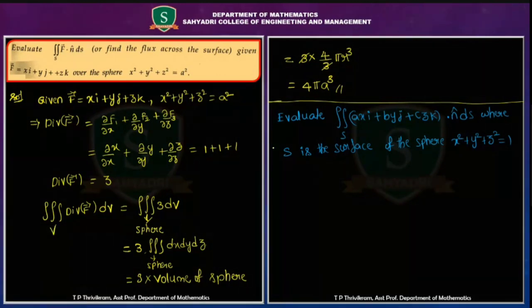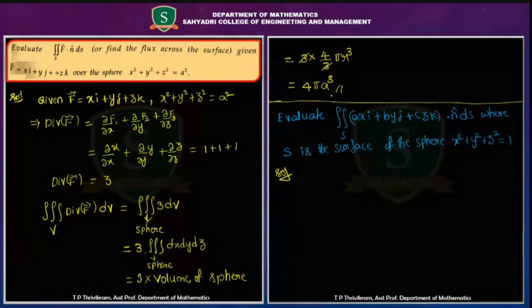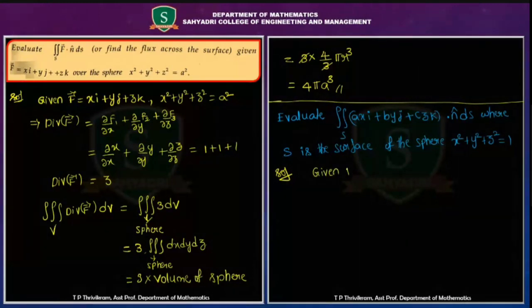So it is also in a similar way. You can apply the volume integral directly. He has asked to evaluate, not to prove, so you can apply the Gauss divergence theorem. You can convert this surface integral to a volume integral and evaluate it. So given F is equal to a x i plus b y j plus c z k.